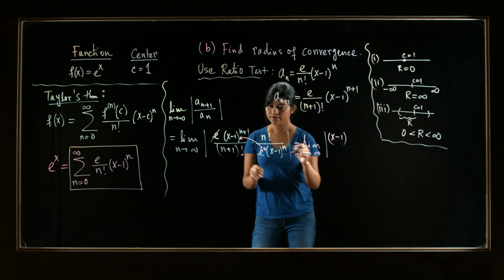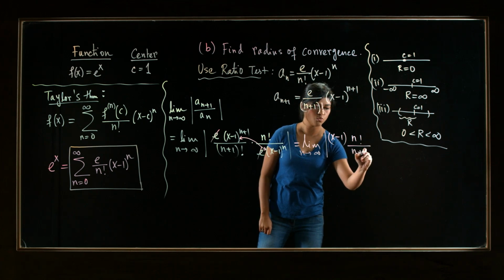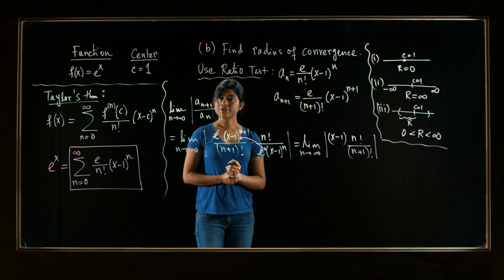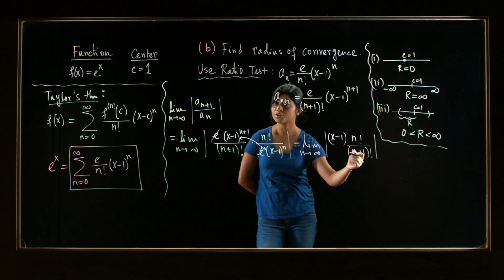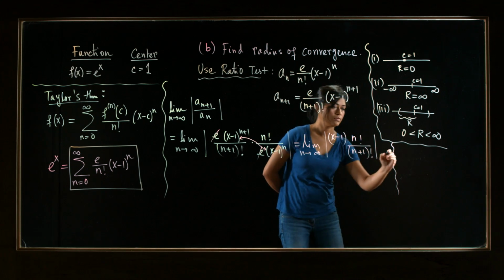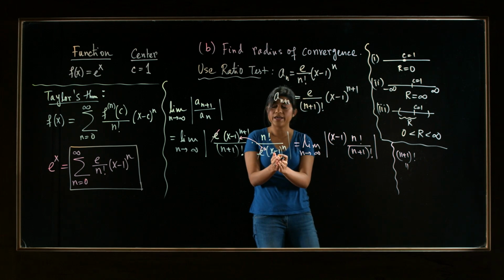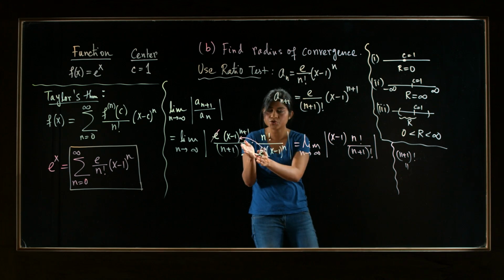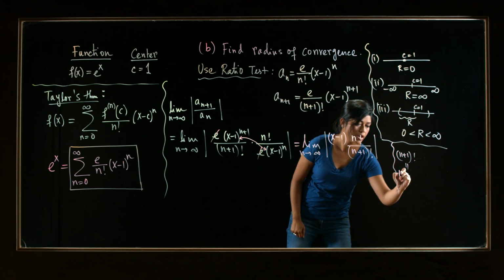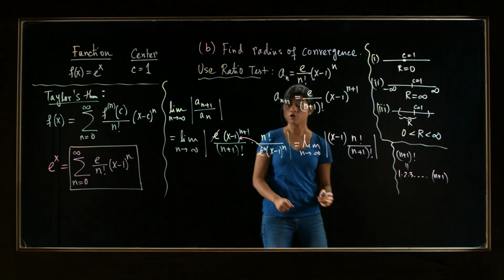Then you have n factorial over (n plus 1) factorial. Do you know how to cancel factorials? Do you know what (n plus 1) factorial means? Let me show you right here. (n plus 1) factorial is multiplying the numbers 1 times 2 times 3 all the way up to n plus 1. All the integers.